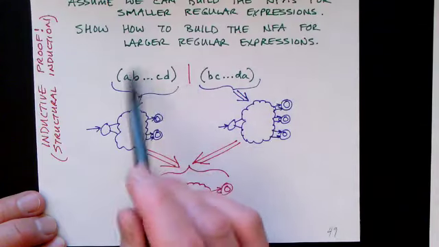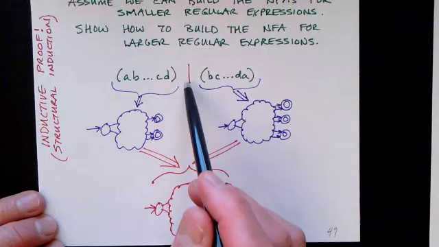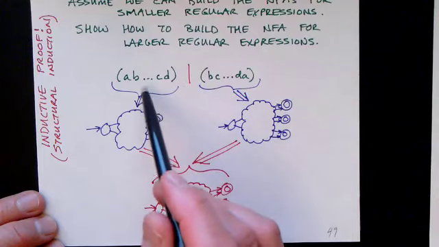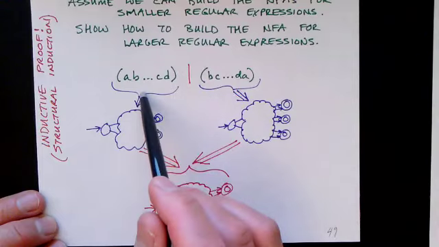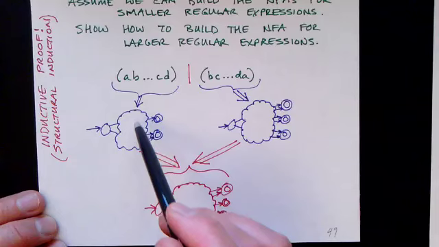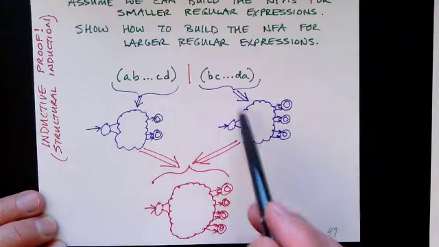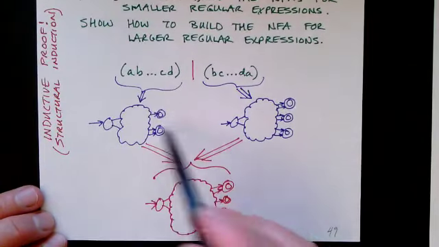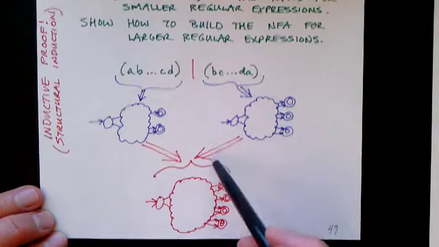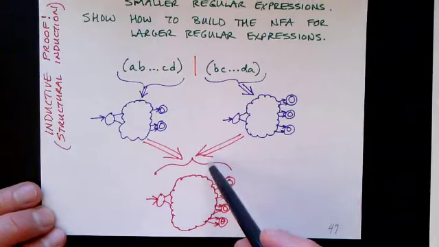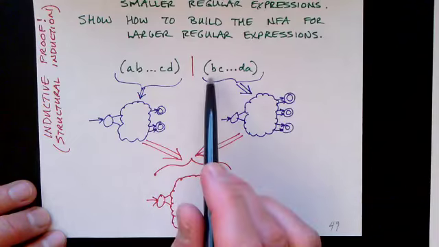You have smaller expressions that are operated on by the outermost operator, and we assume that we can build a finite state machine, in particular a non-deterministic finite state machine, for the sub-expressions. What we're going to show is how to take those non-deterministic finite state machines, whatever they look like, and join them to build a new non-deterministic finite state machine for the larger expression.